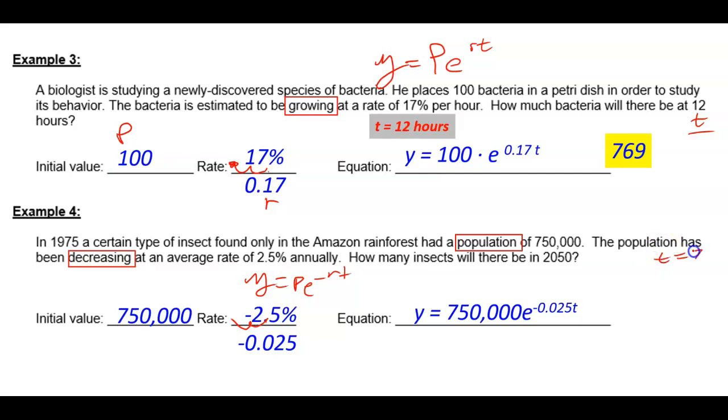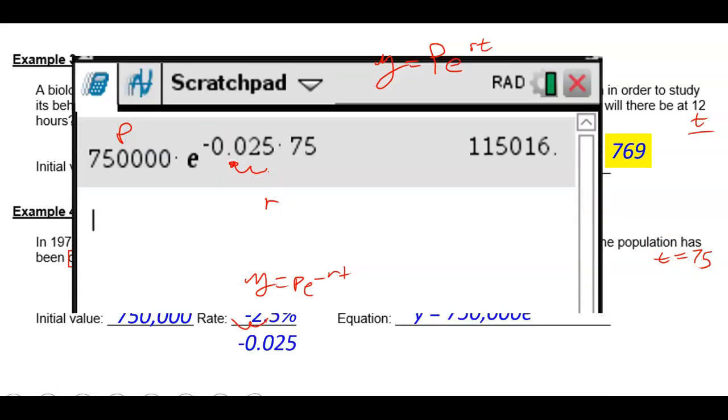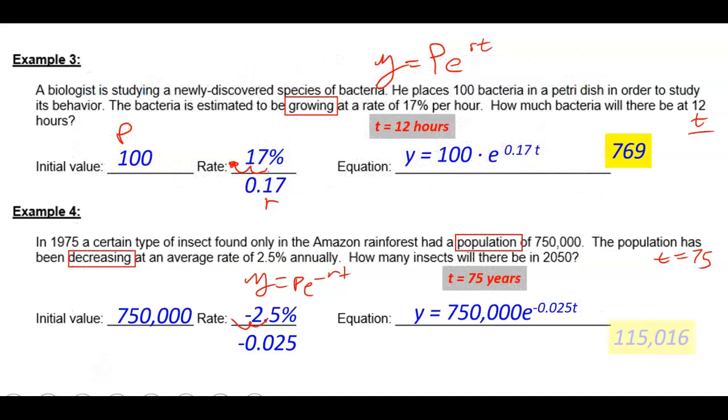So T is equal to 75. That's good. So if you plug that in to your calculator, 750,000 times E to the power of negative 0.025 times 75, you get 115,916 insects left in 75 years.